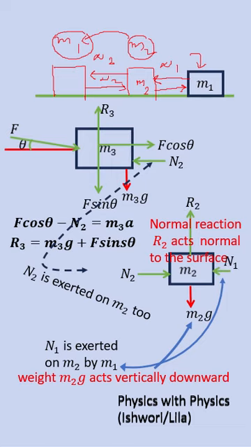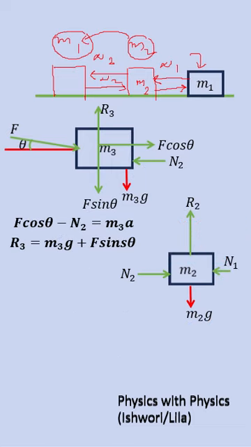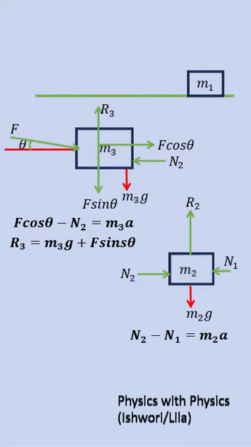Again, now let's use Newton's law. n2 minus n1 equals m2a along the x-axis, and along the y-axis r2 equals m2g.